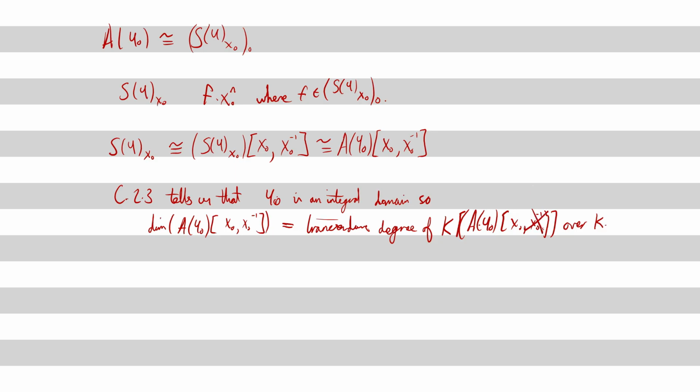However, this is the same as this. So the dimension of this is equal to the dimension of just A(Y0) adjoin x0, which is very easy to see to be the dimension of A(Y0) plus 1.